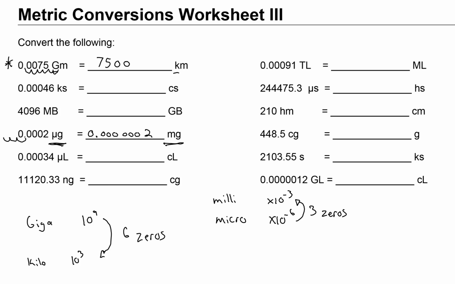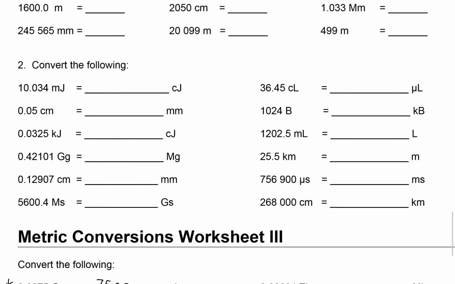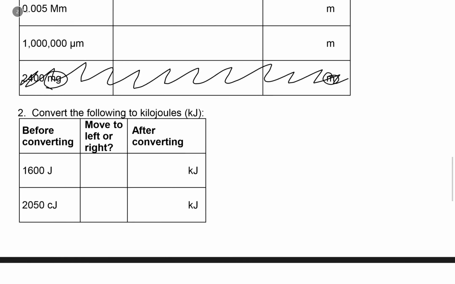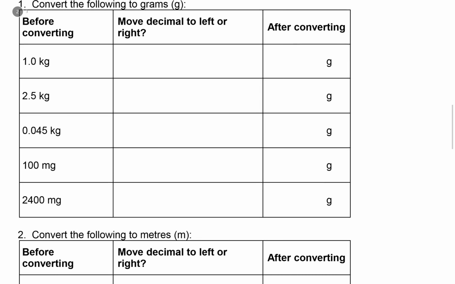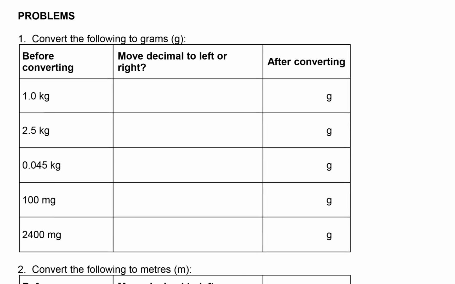There was one other one I wanted to show you. I'm jumping around a little bit here, but it's actually the first question from the second sheet, right here. 1.0 kilograms into regular grams. So kilo, again, is times 10 to the 3.